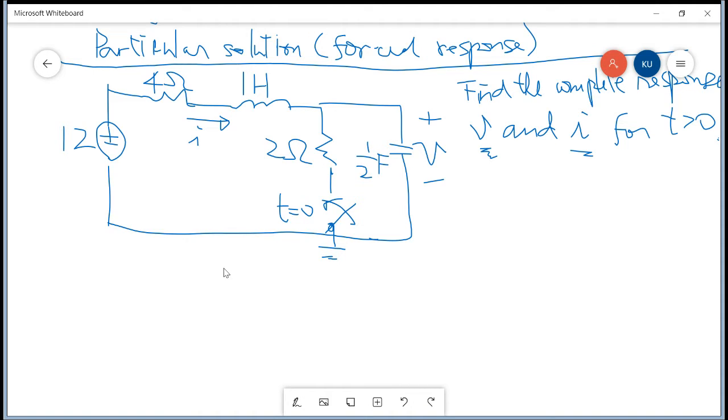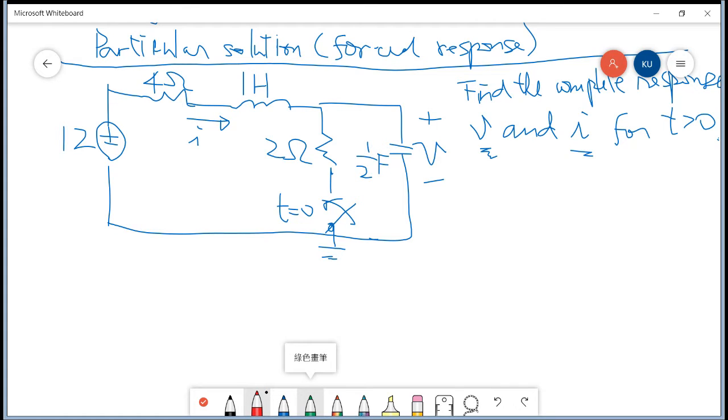So actually, this is simple. I(0+) for an inductor is continuous, so it is equal to I(0-). And for I(0-), this is open, so there will be no current going through here. This is a capacitor at steady state, so this is open, so it will be 0.